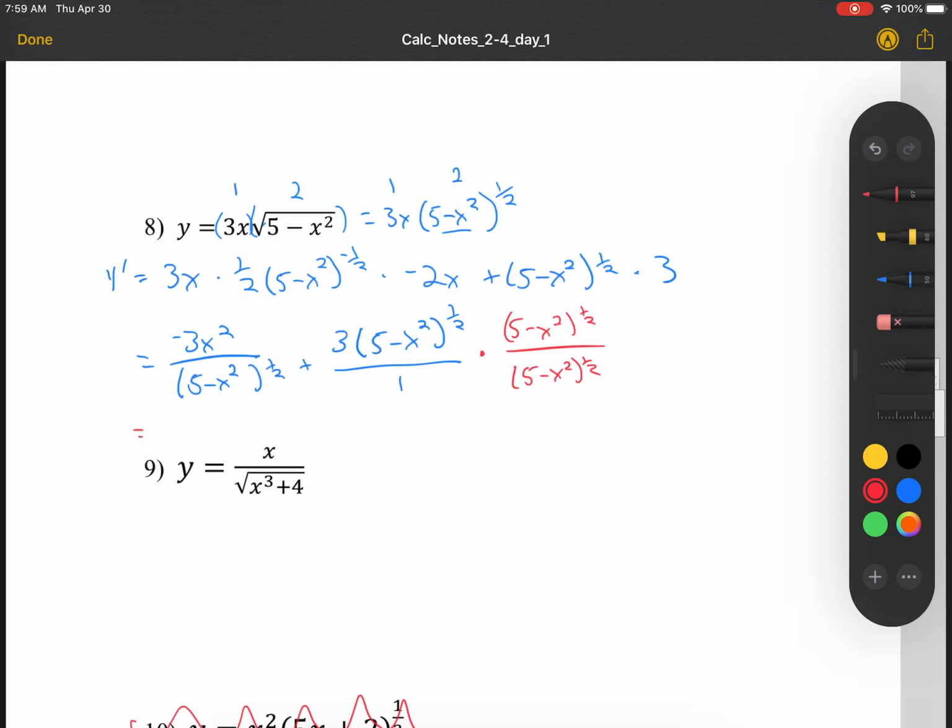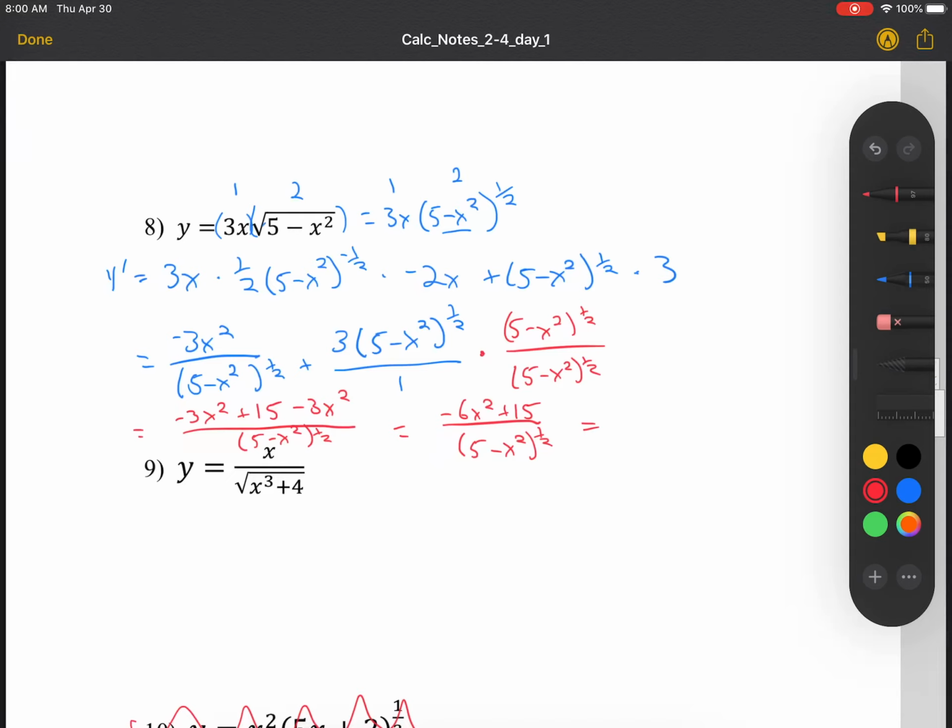Which should get us negative 3x squared plus 15 minus 3x squared all over 5 minus x squared to the 1/2, which equals negative 6x squared plus 15 over 5 minus x squared to the 1/2.